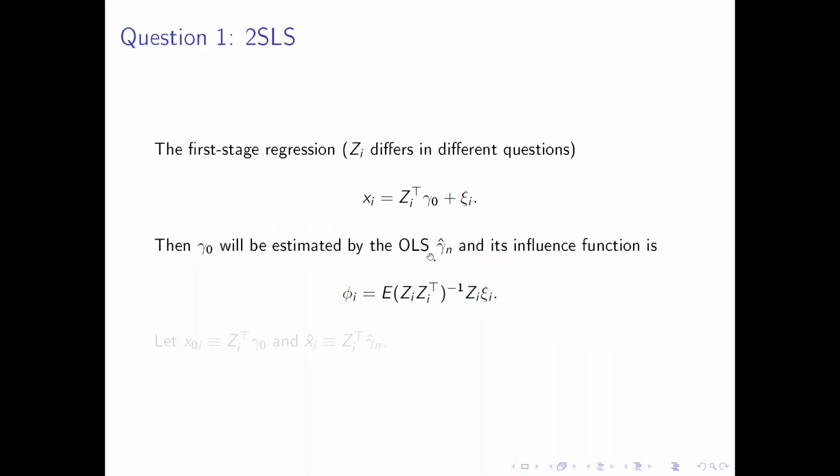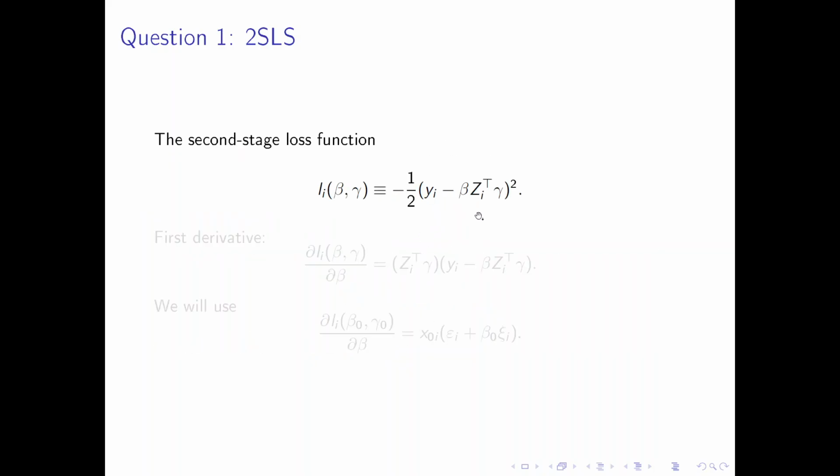So the OLS estimator is gamma hat, and then we know its influence function takes this form, right? So this is the influence function. And as usual, we are going to denote the fitted value this way, x0i and x hat i, depending on whether you use gamma 0 or gamma hat.